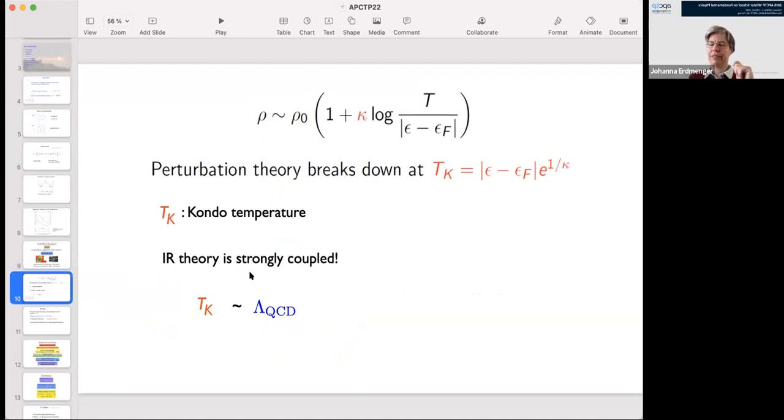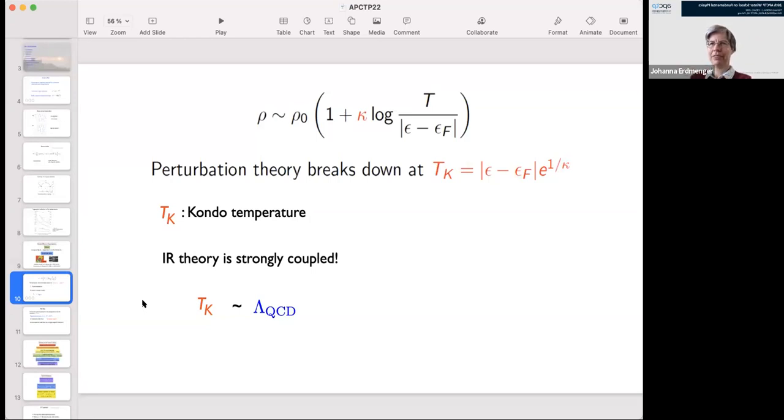So the statement of Affleck and Ludwig is that this interaction, in conformal field theory language, only amounts to a change of the boundary condition. So in the UV we have a free theory, which is a conformal field theory, and in the infrared we have another conformal field theory which is strongly interacting.